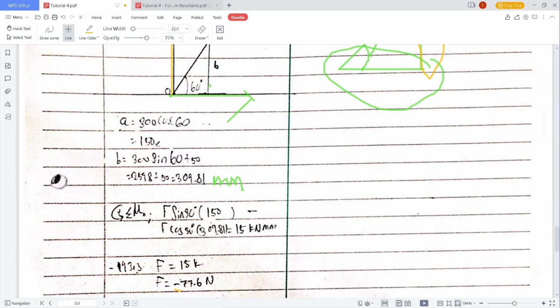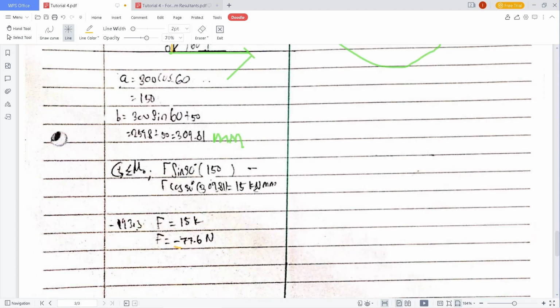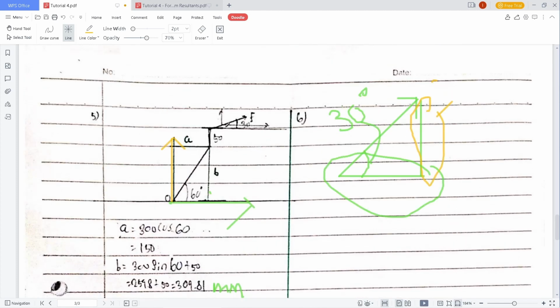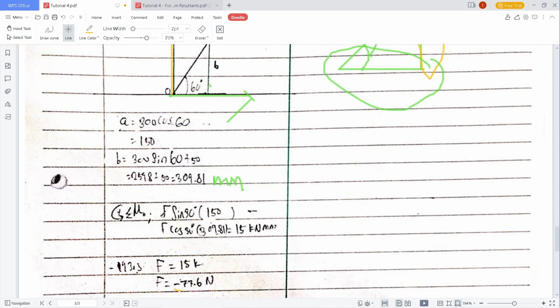You need to include this in your calculation because the direction of the y component is exerted upward. Just imagine you put your finger at point O; the y component will make the system rotate in the counterclockwise direction. So that's why the value will be positive.